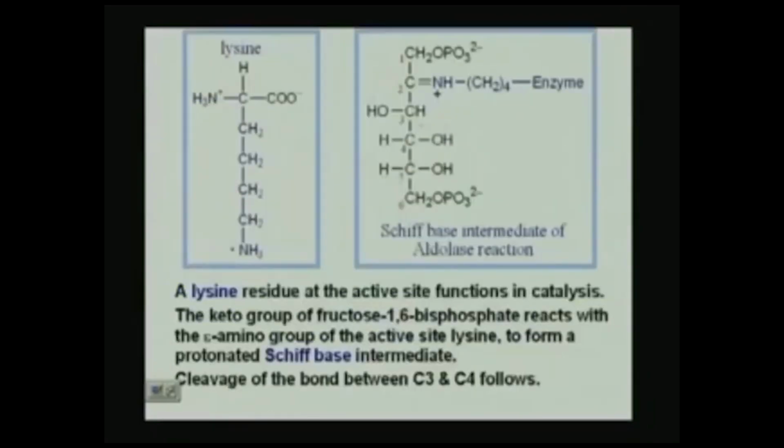Okay. Now, if we look at how the aldolase actually works, there is a lysine residue. Where is this lysine residue? In the enzyme aldolase. Obviously, it has to be there because the aldolase is what is acting on the substrate. What is the substrate? The substrate is fructose 1,6-bisphosphate. That is your substrate.